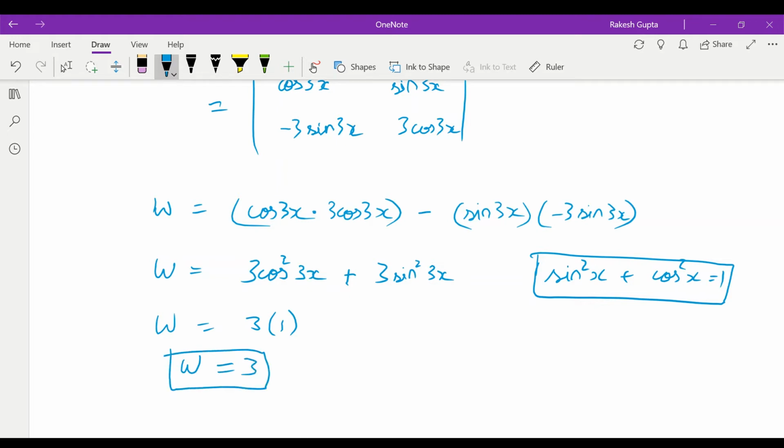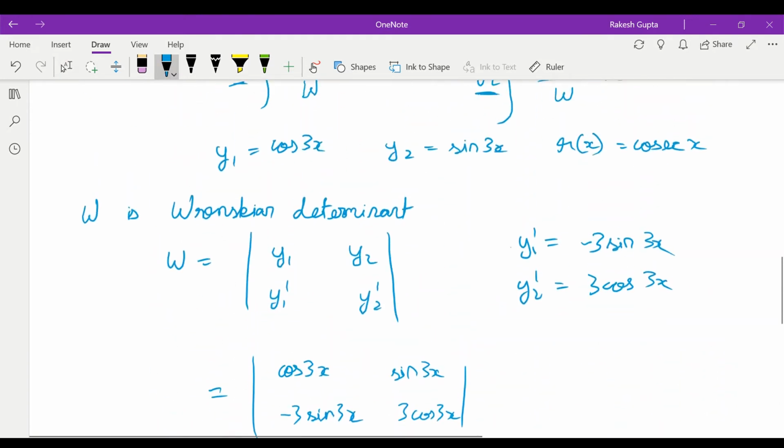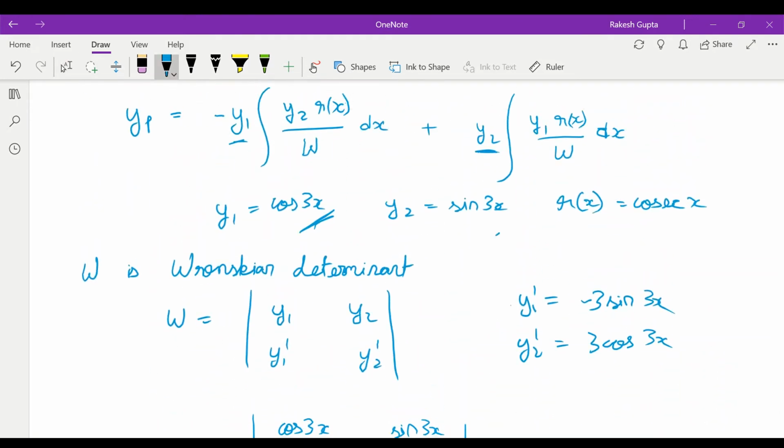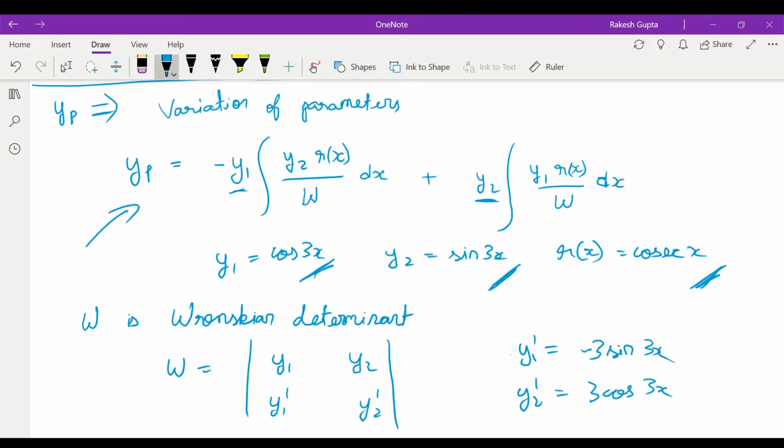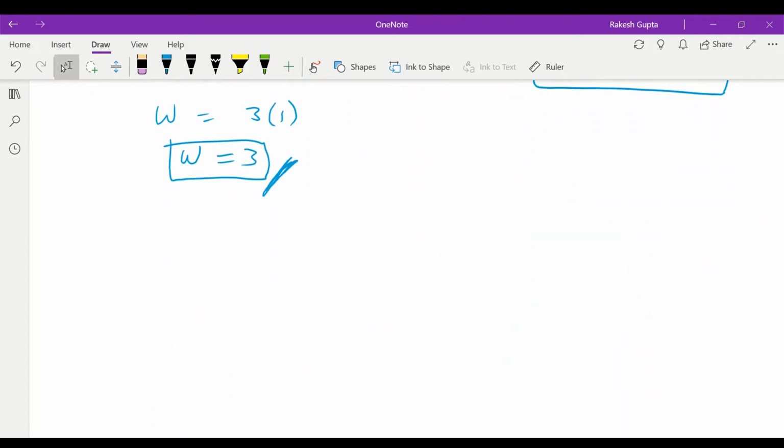So now we substitute the value of w, and the values of y1, y2 and r of x into the equation for yp. I'm just going to write the entire thing down again. R of x, I'm just going to write it as r for convenience.